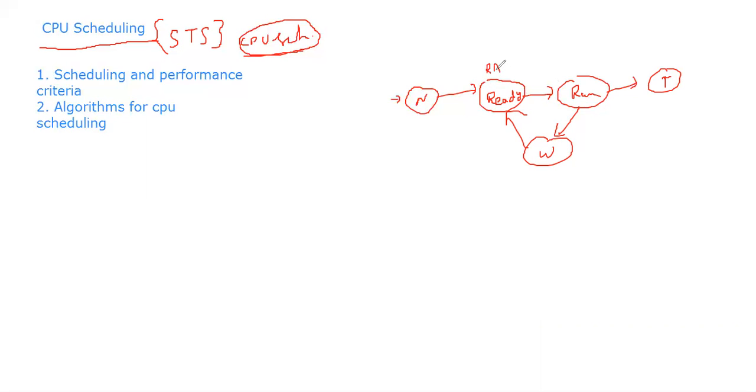Now, from RAM I want to send a process to the CPU. Let's assume that I have only one CPU. It means I can send only one process at a time. So the thing is that out of n processes, how to select one process, which we have said is done by the short-term scheduler.